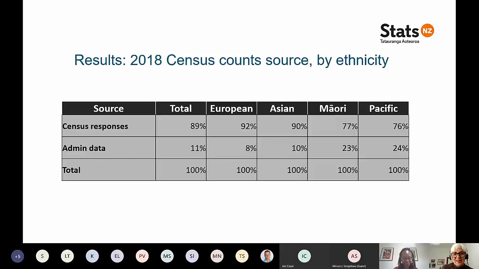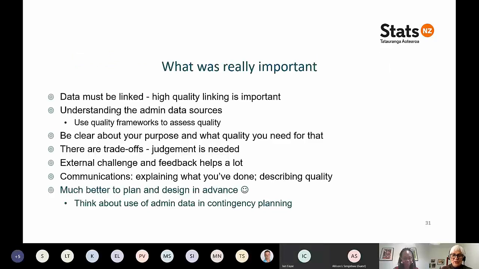Okay, so that's the broad outline of what we did. I'm now going to talk a bit more about the hows and what happened, and some things that were really important. You have to have linked data, and a high quality of linking is important. The linking in the IDI is large-scale linking.